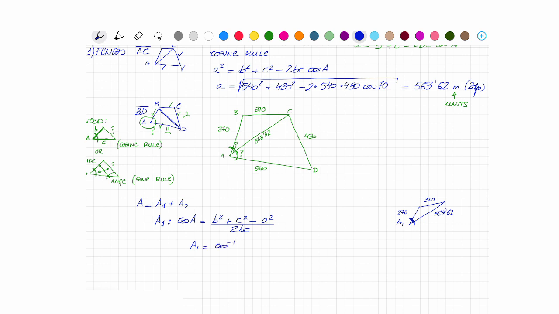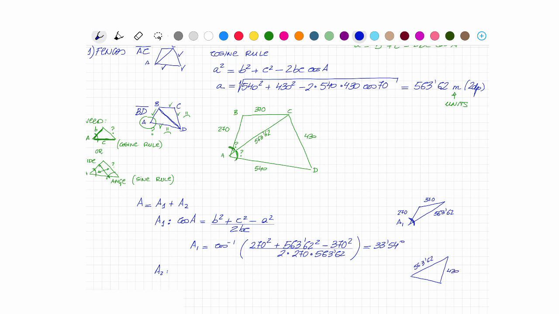A1 equals inverse of cosine of 270 squared plus 263.62 squared minus 370 squared over 2 times 270 times 563.62, and that is 33.54 degrees.